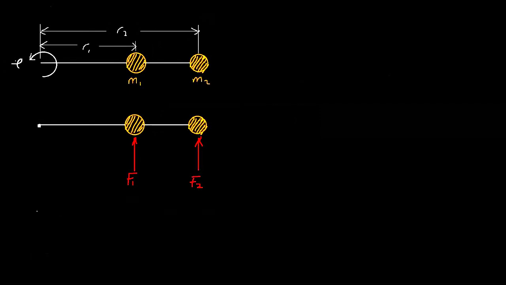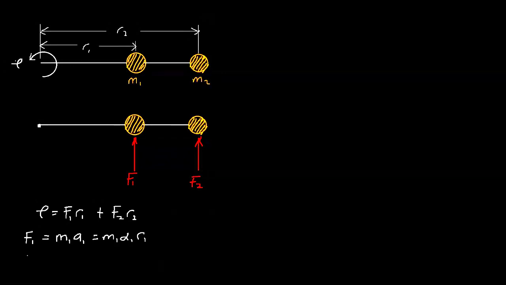And we can obtain the magnitudes of the forces F1 and F2 using the relation torque equals F1 times r1 plus F2 times r2. So again, from Newton's second law, we know that F1 is going to give our mass m1 a tangential linear acceleration a1, according to the relation F1 equals m1 a1. And a1 is equal to the angular acceleration of particle m1 multiplied by its radius r1. We can say F1 equals m1 times the angular acceleration of the first particle times r1. Similarly, for F2, we can say F2 equals m2 times the angular acceleration of the second particle times r2.